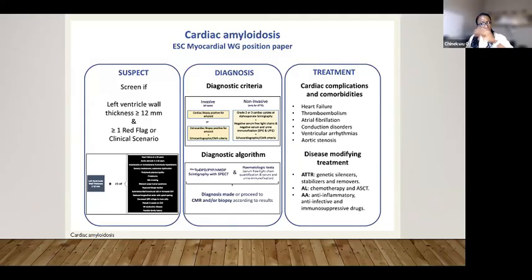Because if we do, then it's most likely AL and our algorithm goes down a different path. But if we don't, then it could still be TTR or indeed AL, but we haven't picked it up. And then cardiac MRI and bone scan become your next investigations that help you define what the patient has.